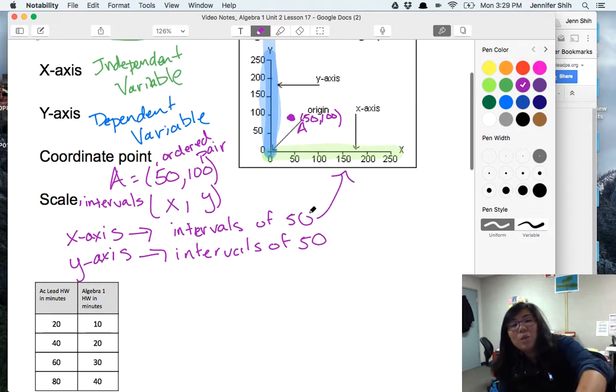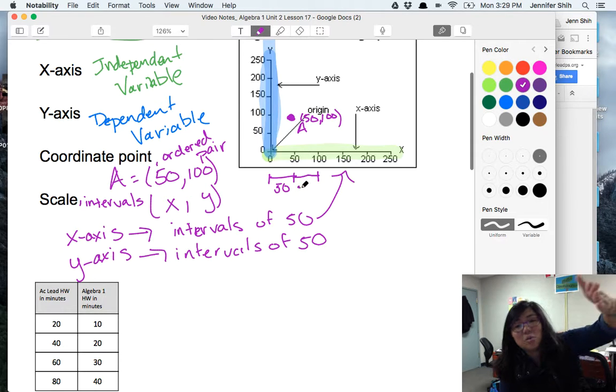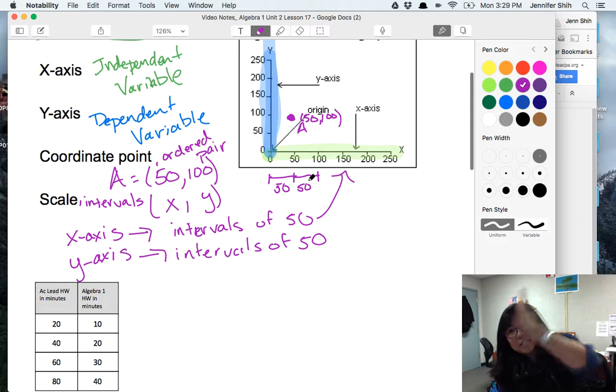The point is the scale: the distance from here to here, if that's 50, then the distance to the next point is also 50. So it's a scale because each marker is the same distance apart. That's what the scale means. Each tick mark is the same amount of units apart. In this case, it's 50.